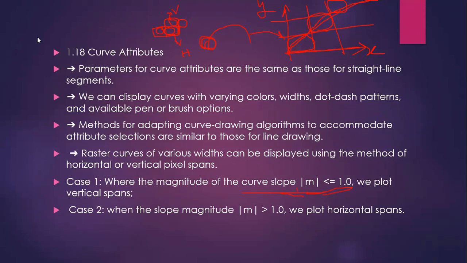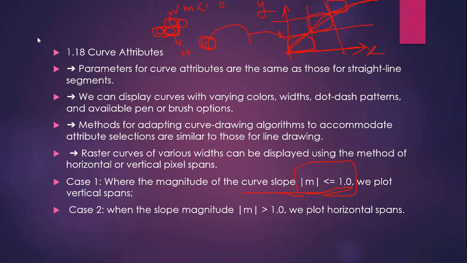So m represents the slope. When m is less than or equal to 1.0, we are plotting vertical spans, that means pixels are drawn vertically.